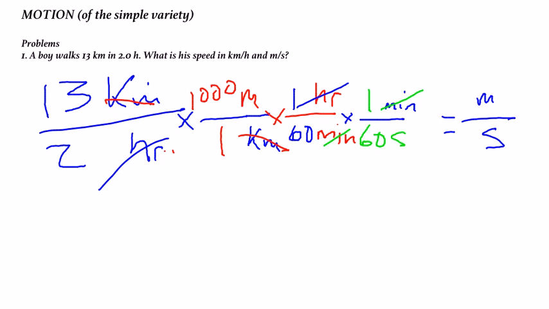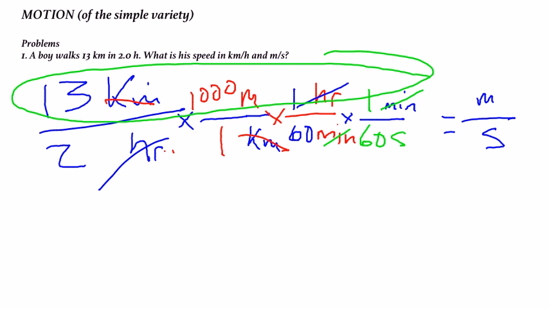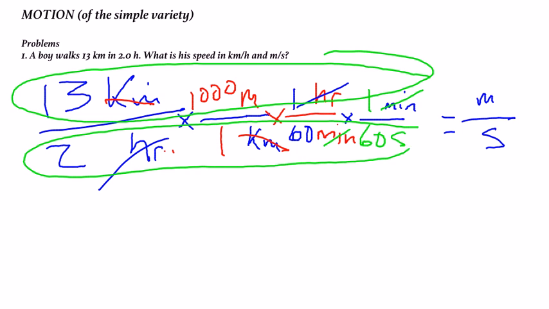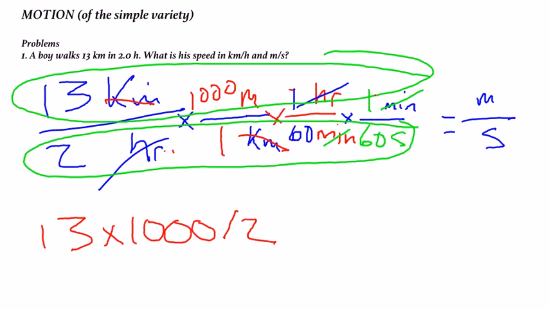In my calculator, everything on top will be multiplication. Everything on bottom will be division. So I type in my calculator first everything on top: 13 times 1,000 times 1 if you wanted to, times 1 times 1. We won't do that. We know what happens there. Divided by 2.